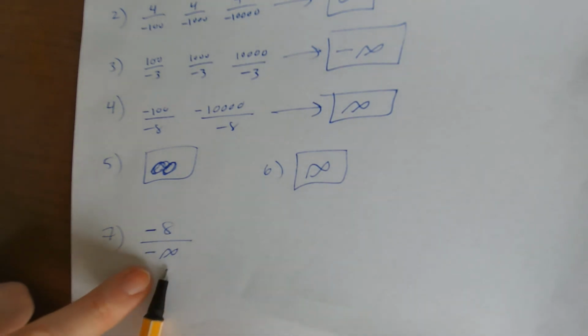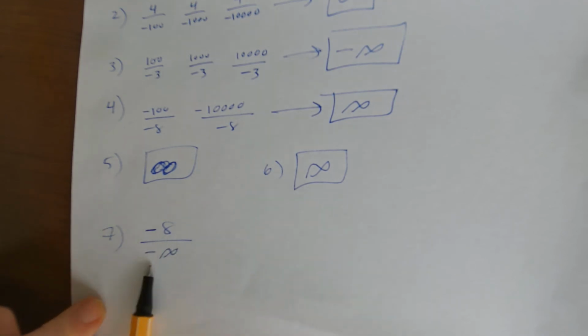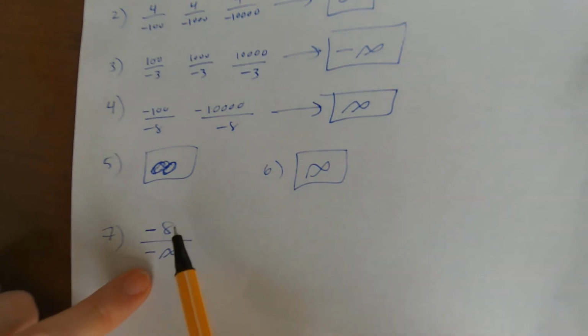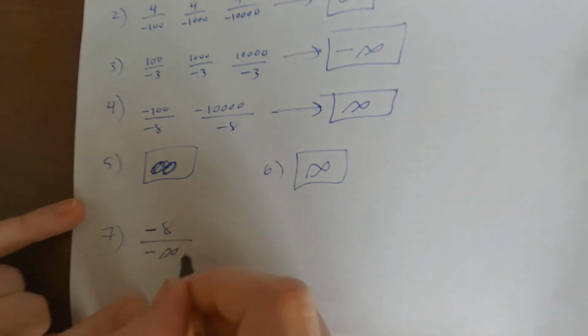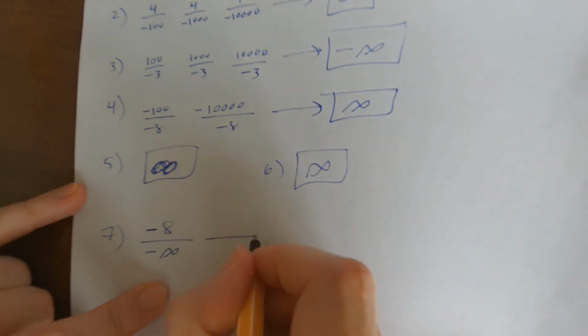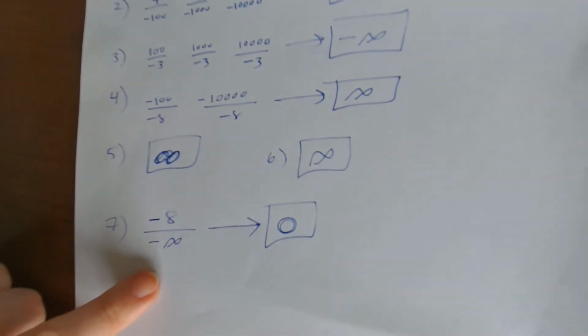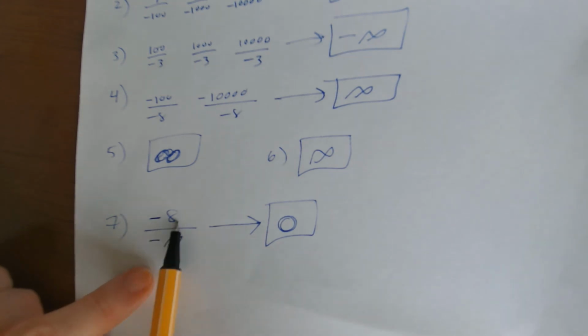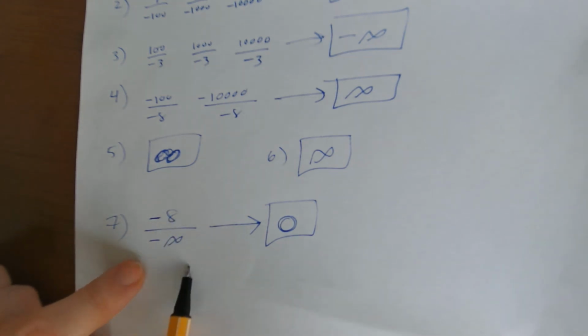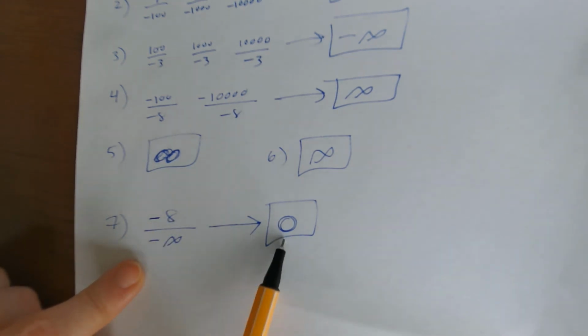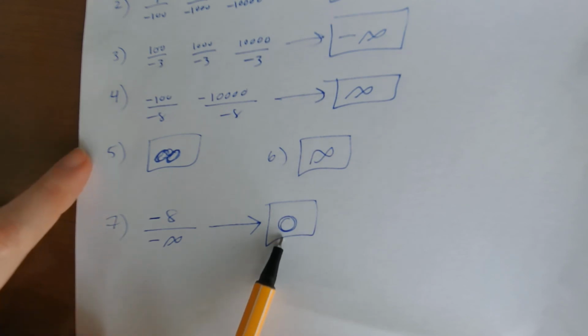Even though it's in a negative direction, the denominator is getting huge and the numerator is staying constant. So this entire fraction is going to be approaching 0. And if that didn't make sense to you, plug numbers into your calculator. Go negative 8 over negative 100, negative 8 over negative 1,000, and you'll see it's a decimal that's getting super small.